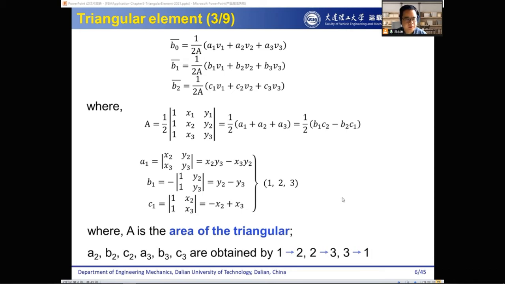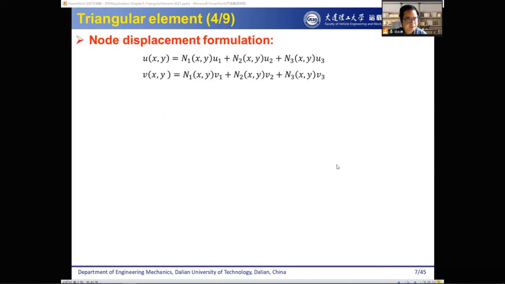We never ask the students to remember those formulas, because you cannot remember forever. The key point is you need to know the procedures and the ideas.